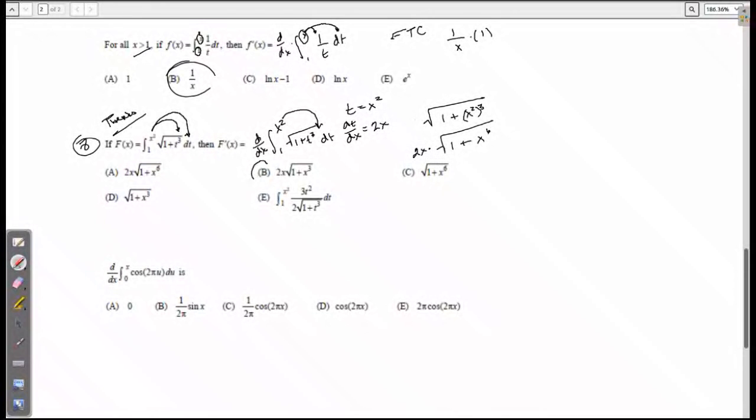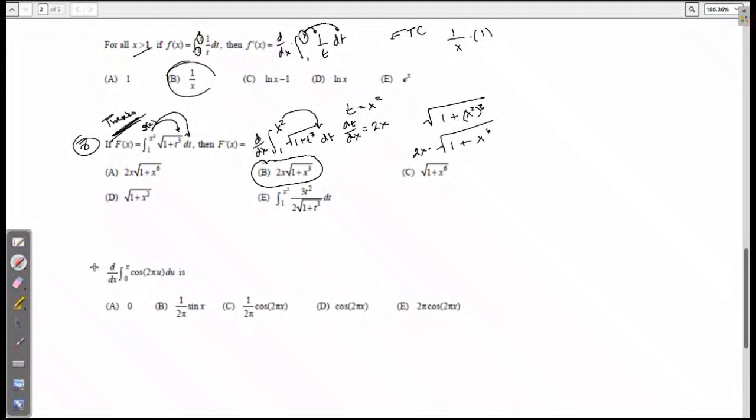And that makes B here our best answer. So this is where we had to do that tweak that we discussed. The idea is that if this is really some function g of x, then I need to substitute g of x in here and find its differential as well.